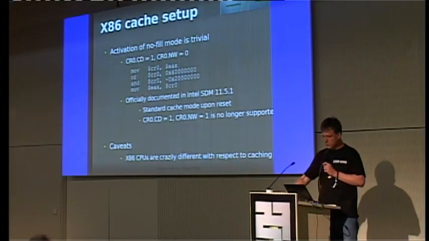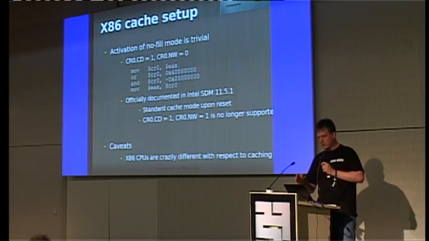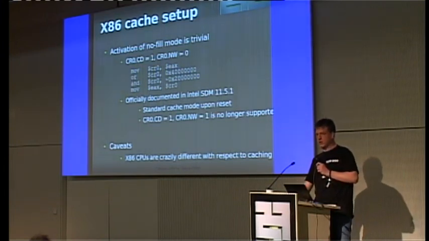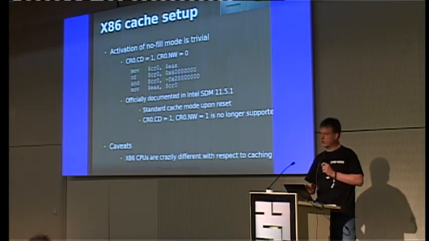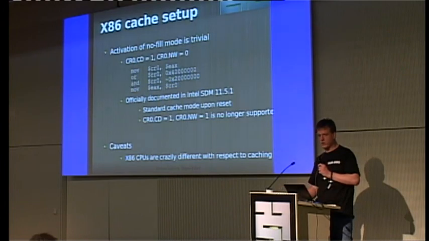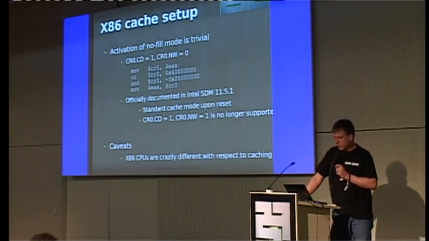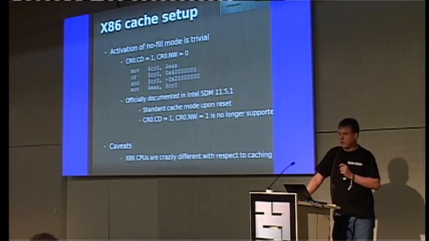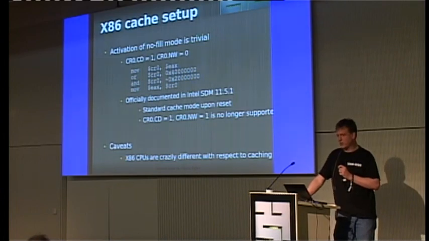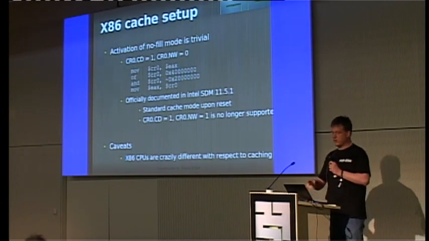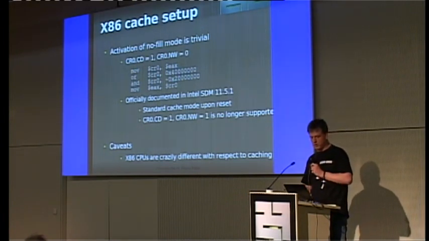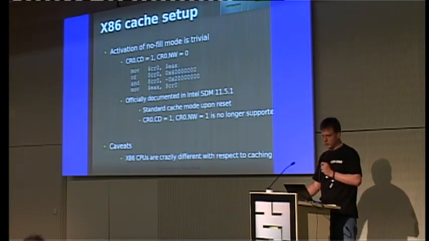From what I said in the beginning, activating the cache disable bit prevents the data from being pulled into the cache, whereas the not write-through bit prevents it from being pushed out to the memory again. Turns out this not write-through bit is not really supported anymore. So essentially it comes down to a single bit, the cache disable bit, and the various combinations that you can have with 2 bits are documented in Intel's software development manual.